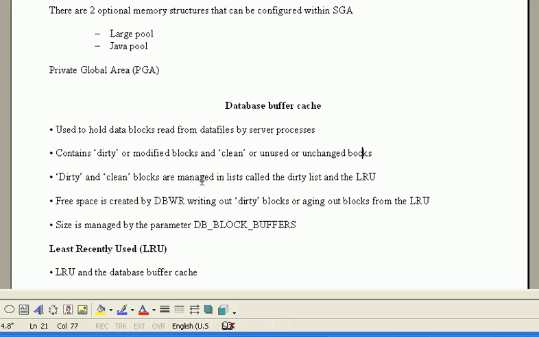Dirty and clean blocks are managed in lists called the dirty list and the LRU, that is least recently used. Next, free space is created by the DB writer writing out dirty blocks or aging out blocks from the LRU. Size is managed by the parameter db_block_buffers.